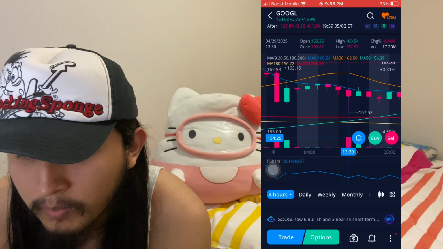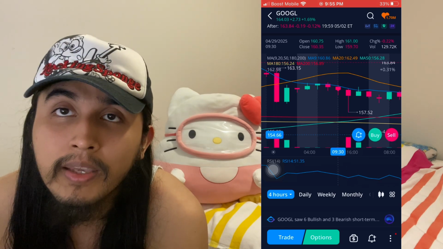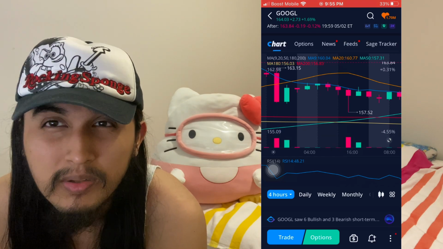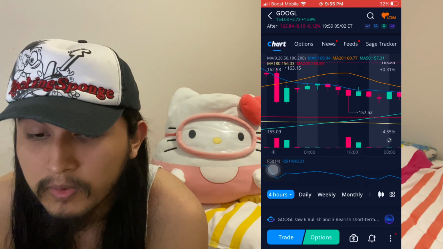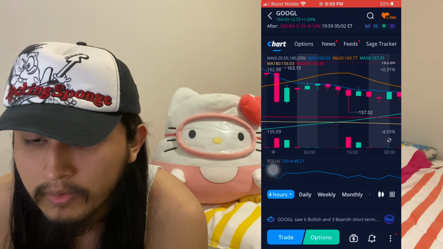It couldn't break above it. So with that in mind, I thought it would most likely carry that momentum throughout the whole day. It's probably going to keep going down throughout the day.